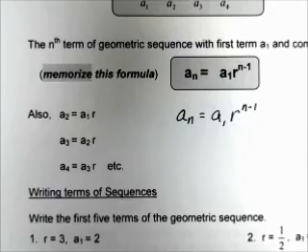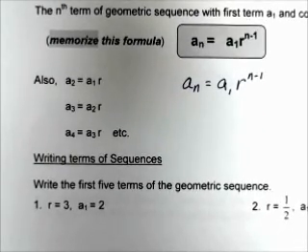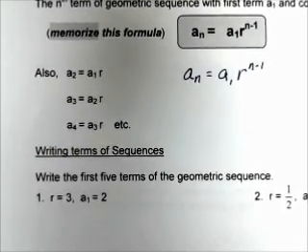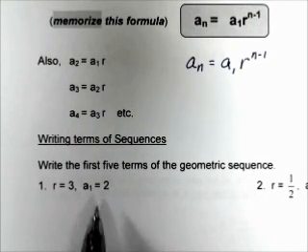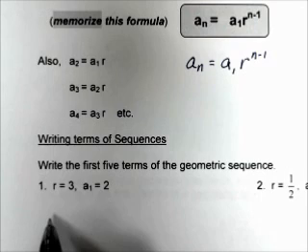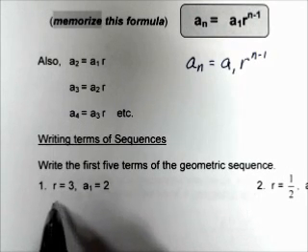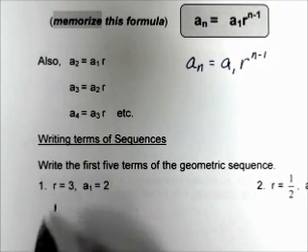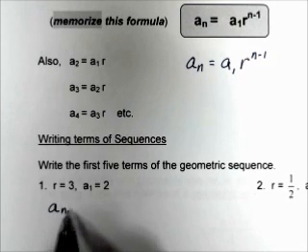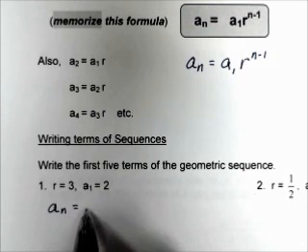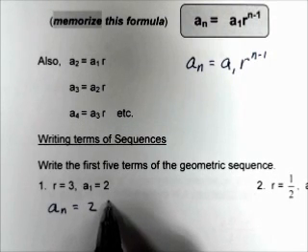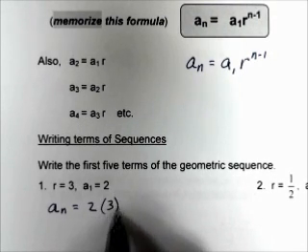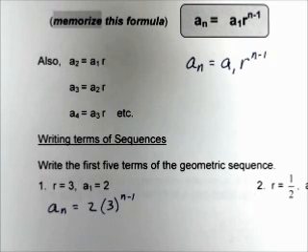Writing terms of sequences. Write the first 5 terms of the geometric sequence. The common ratio is 3, the first term is 2. So a sub n is going to equal a1, which is 2, times our common ratio of 3 raised to the n minus 1.